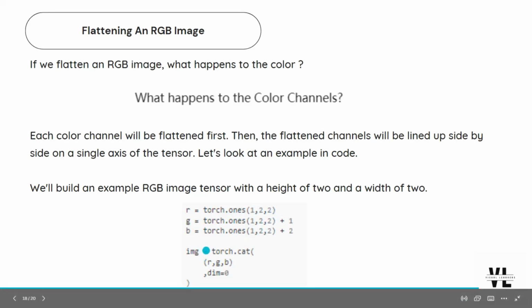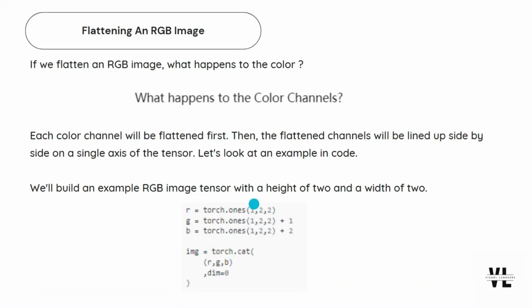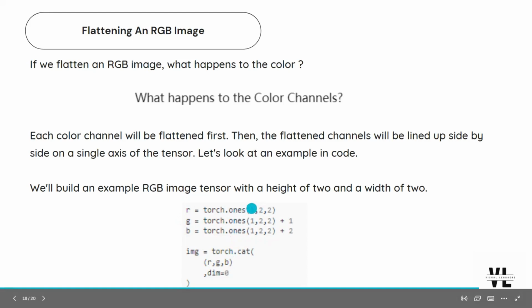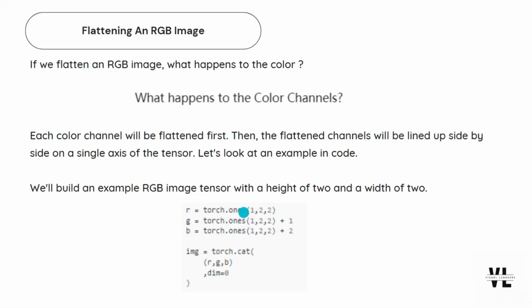Notice that we are using the concatenation operation instead of stacking. So if you want to combine these 2 by 2 RGB channels, so this is just a single 2 by 2 image with an RGB channel. If you want to use the stack operation, you don't need to specify the 1, because the unsqueezing operation is the one that adds a new axis.